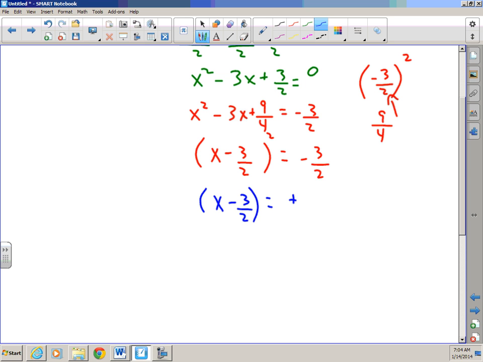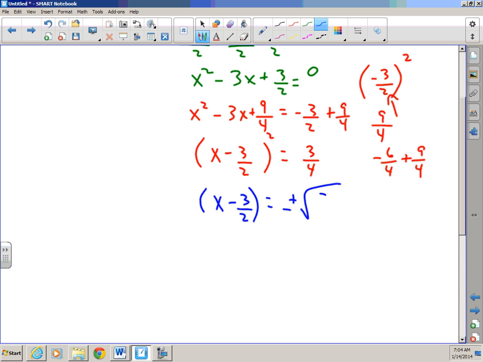I take the square root of that, and I'm sorry, I have to add my 9 fourths here. And actually what I'll do is I'll get you what that equals. Negative 3 halves plus 9 fourths is negative 6 fourths plus 9 fourths, or positive 3 fourths. This number has to end up positive, otherwise I have a problem.